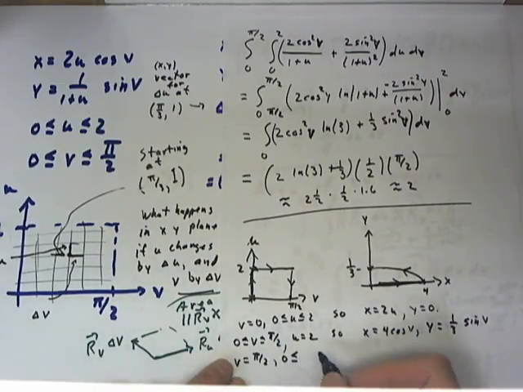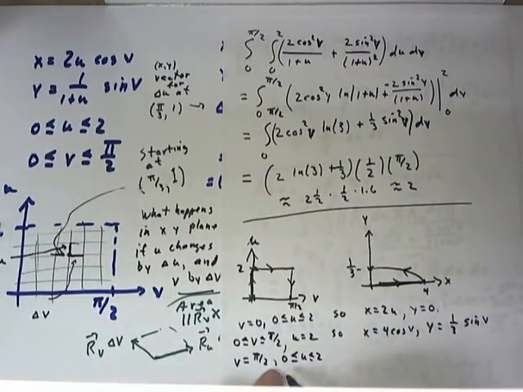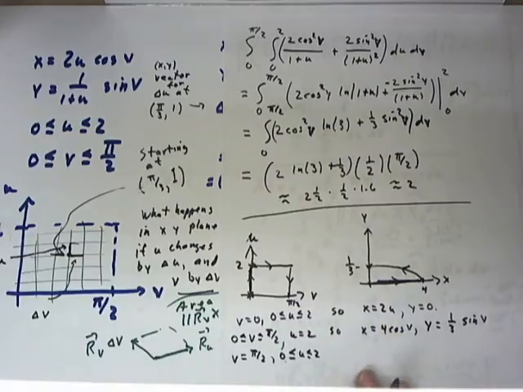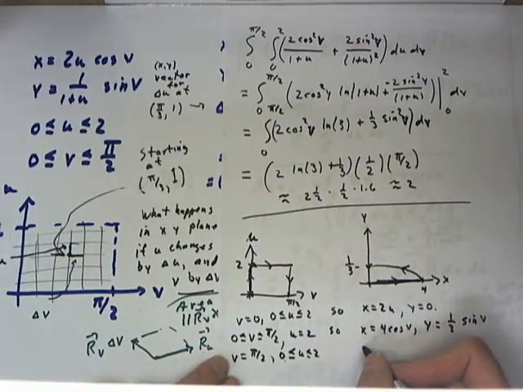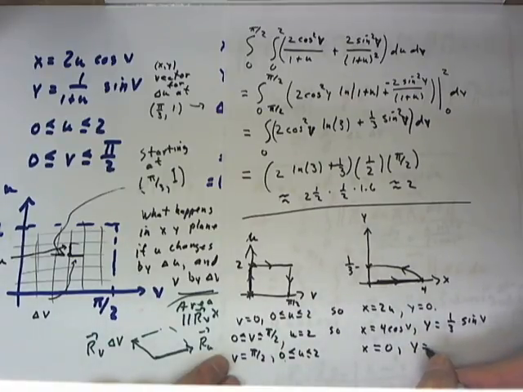And u is going to go from 2 down to 0, and the values of u from 0 to 2 will actually be taken in the reverse order. And this is going to give us, inescapably, x equals 0, y equals 1 over 1 plus u.